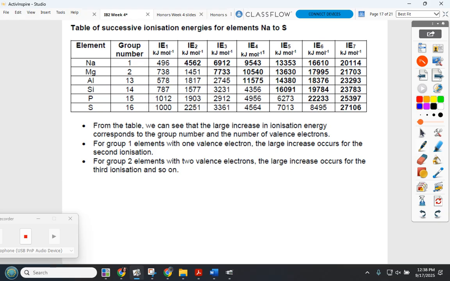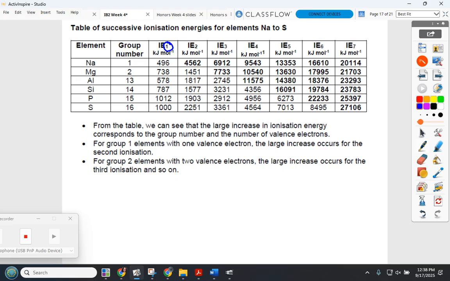We've got our group number, first ionization energy, second ionization energy, so the little subscript is what we're paying attention to, third, fourth, fifth, sixth, seventh, etc. Okay? So how hard is it to remove that first electron? We can see that as we go across the table, going from group 1 to group 16, we're seeing an increase in that ionization energy.